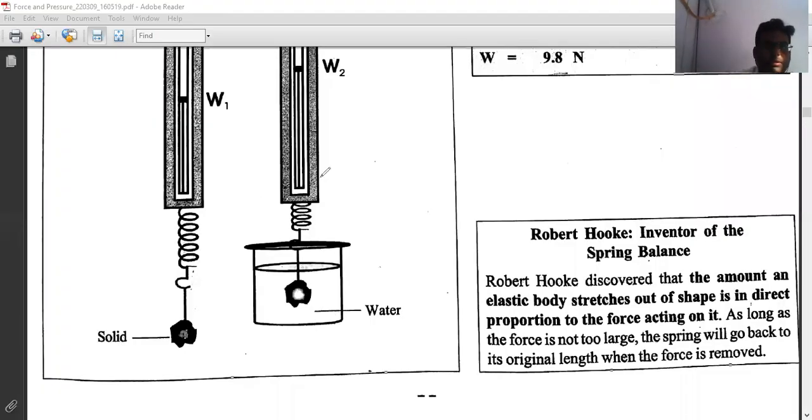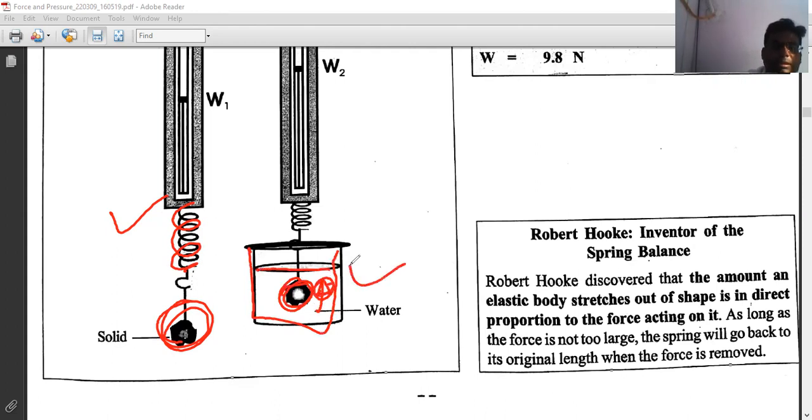So the setup is made here. A body is hung from a spring balance, and when the body is tied here and dipped into the water, this upward thrust is felt. So this will give the variation in the weight, right?